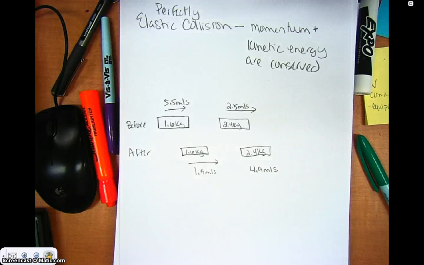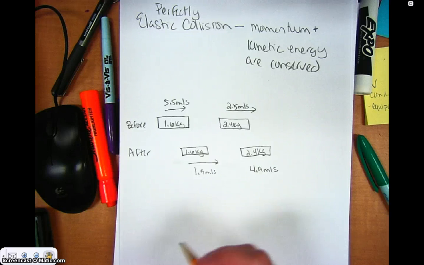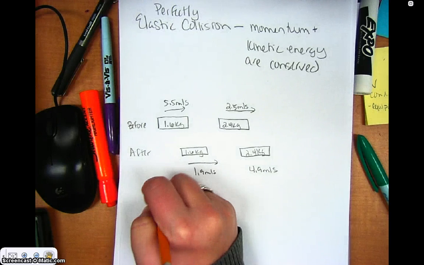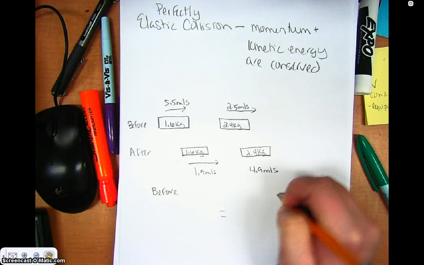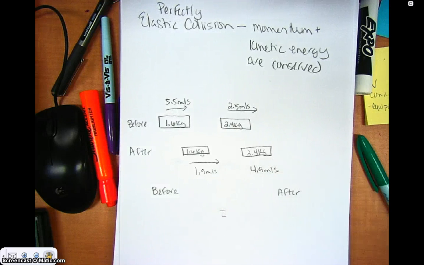Okay, so let's go ahead and see, is this a perfectly elastic collision? So in order for this to be a perfectly elastic collision, all the kinetic energy at the beginning has to equal all of the kinetic energy at the end or after the collision happens. So you're going to have your before side of the equation, and you're going to have your after side of the equation.